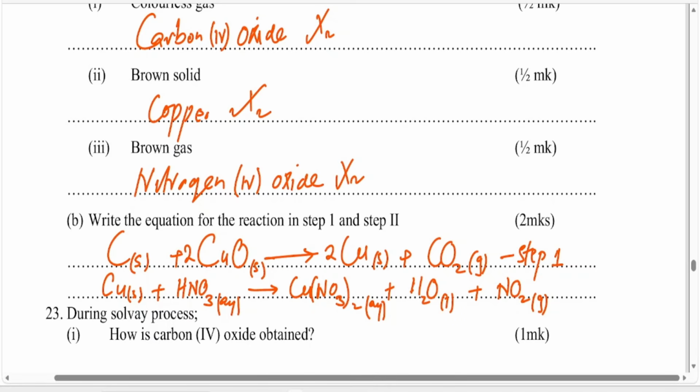We balance by putting a 4 on nitric 5 acid, a 2 on water, and a 2 on nitrogen oxide. This is the equation for step 2, each 1 mark.